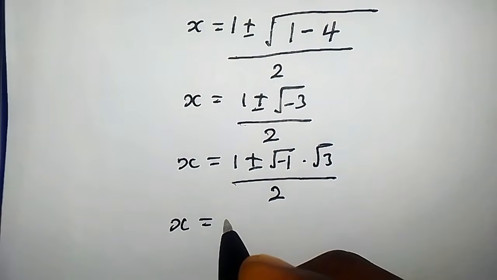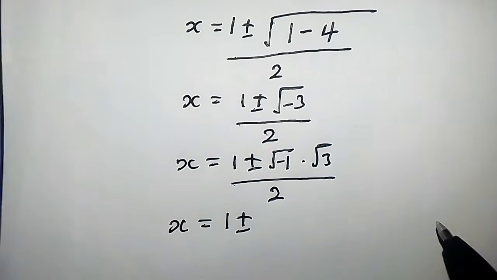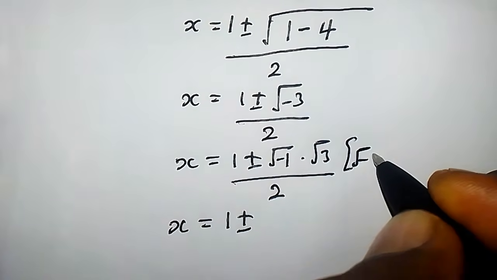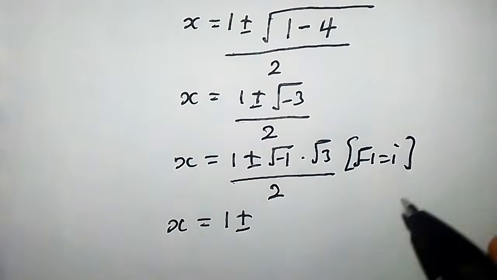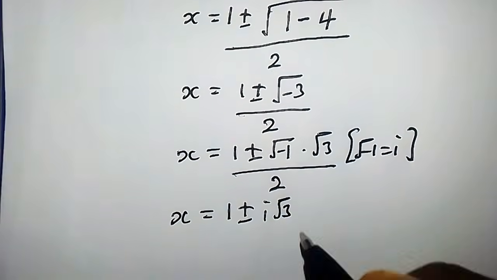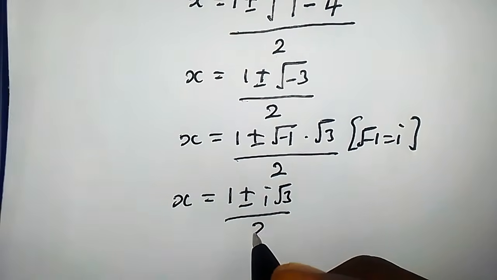x is equal to 1 plus or minus. Don't forget, from the complex number, square root of minus 1 is equal to i. So we have i here times square root of 3 divided by 2.